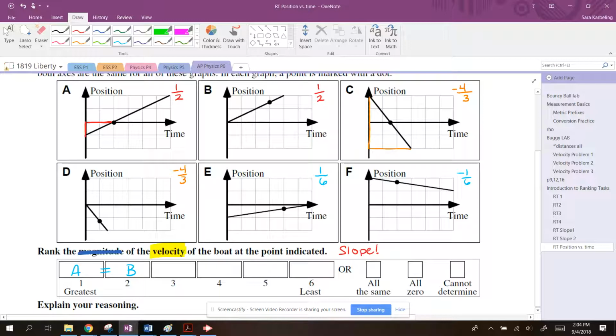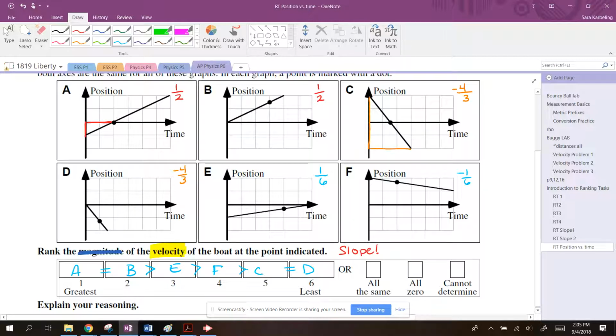Okay, what's next? E, because it's also positive, right? Okay, then what? It's the next biggest. F, and then C and D.